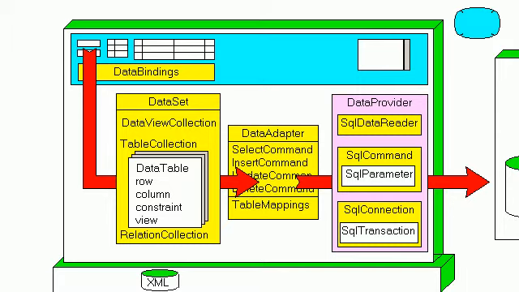In the next tutorial we want to do an implementation of that, build a manual connection to the database using the command, execute that command, and use the data adapter to fill the data set by executing the command.